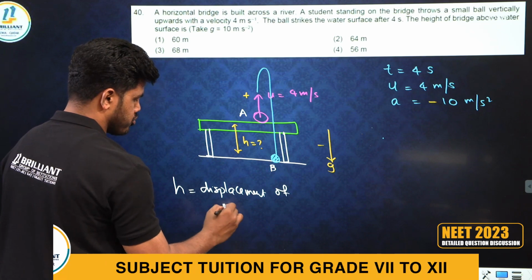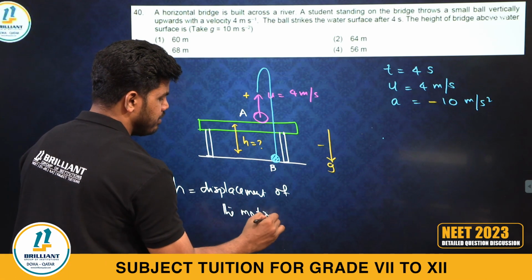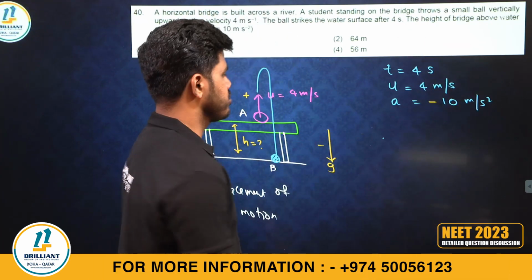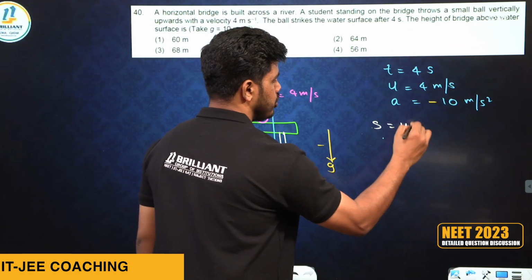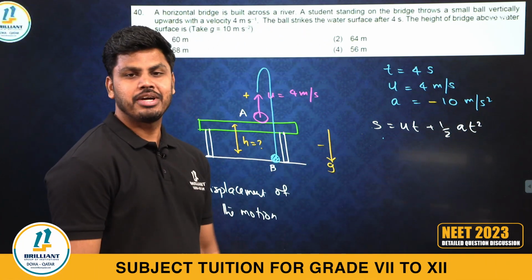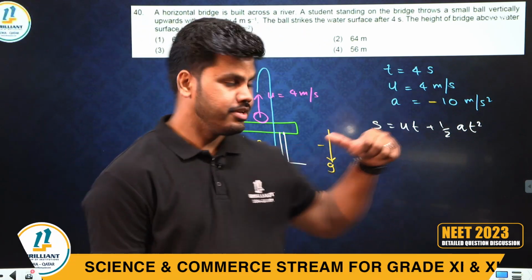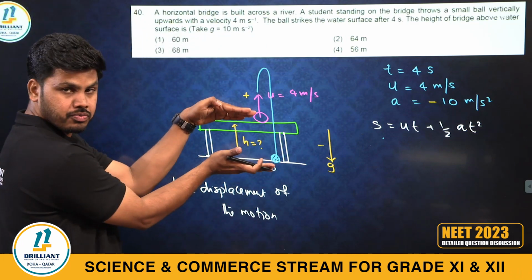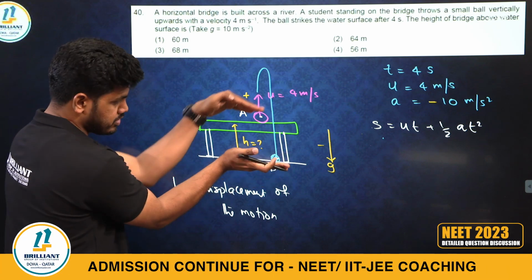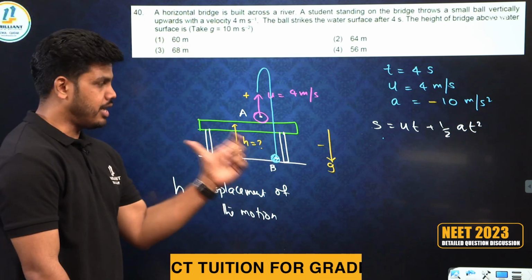So you simply have to calculate the total displacement of the motion using equations of motion. We use s equals ut plus half at square. That displacement is the height from the surface, because the body started from here and ends the journey on the water surface. So the total displacement is nothing but the height of the bridge.